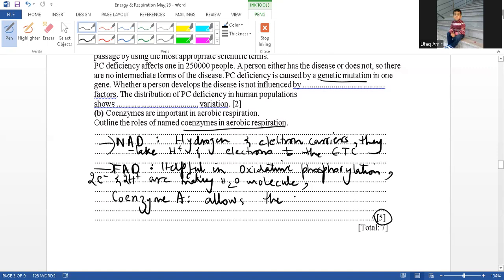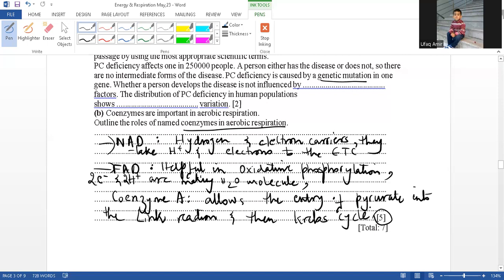So it allows the entry into the link reaction and then the Krebs cycle, and coenzyme A makes acetyl coenzyme A from pyruvate.